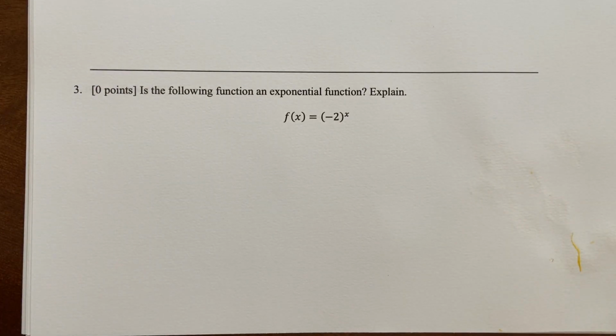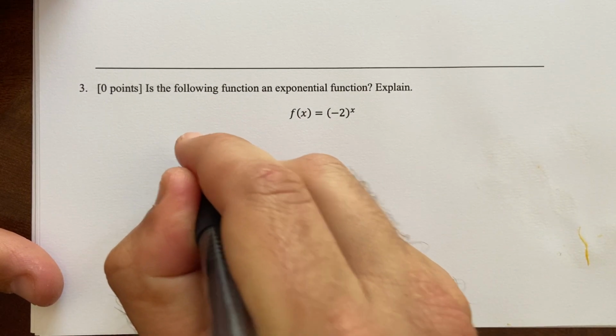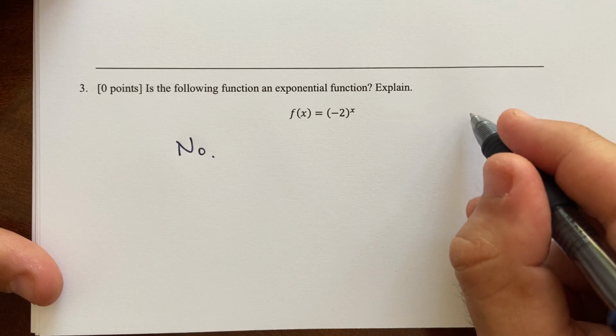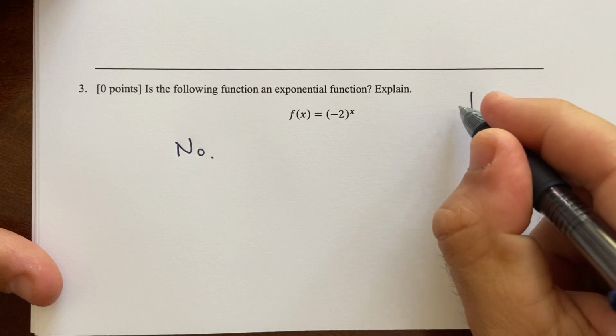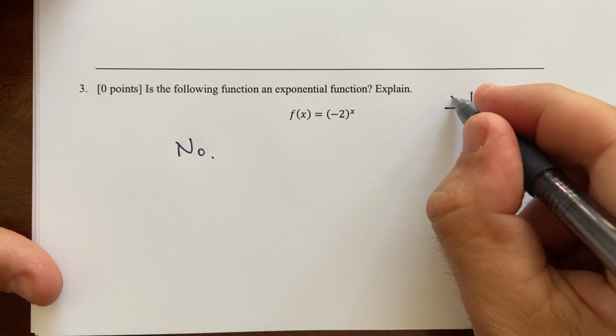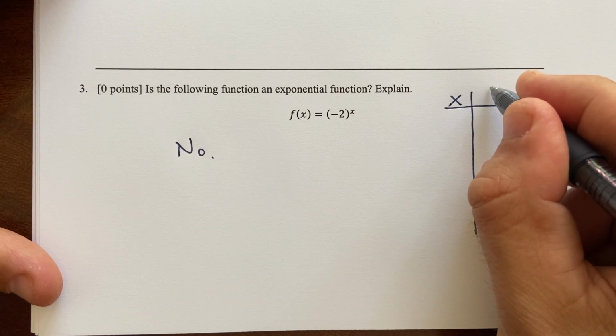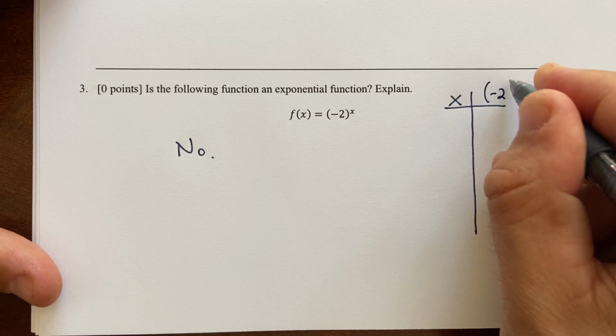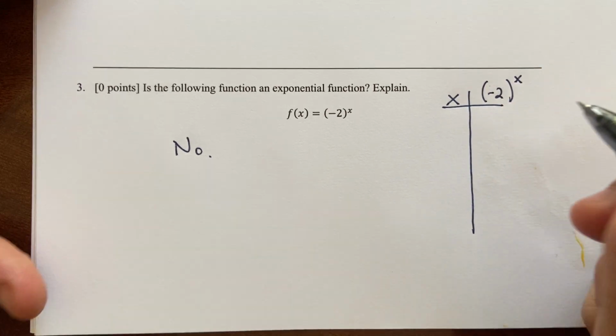Number 3, is the following function an exponential function? Explain. So no, this is not. If you look at just a piece of its table, so x, let's do -2 to the x over here.